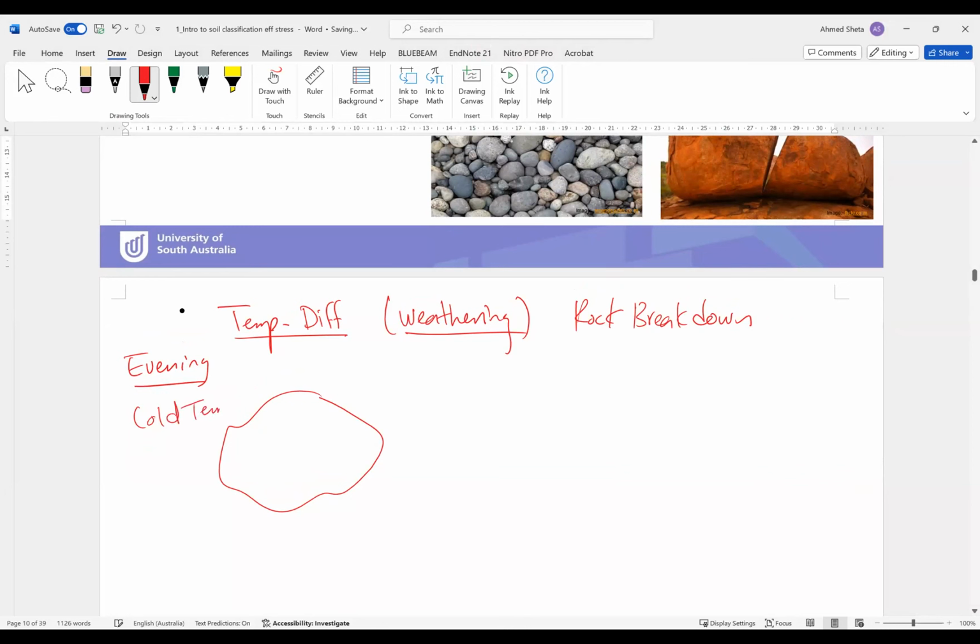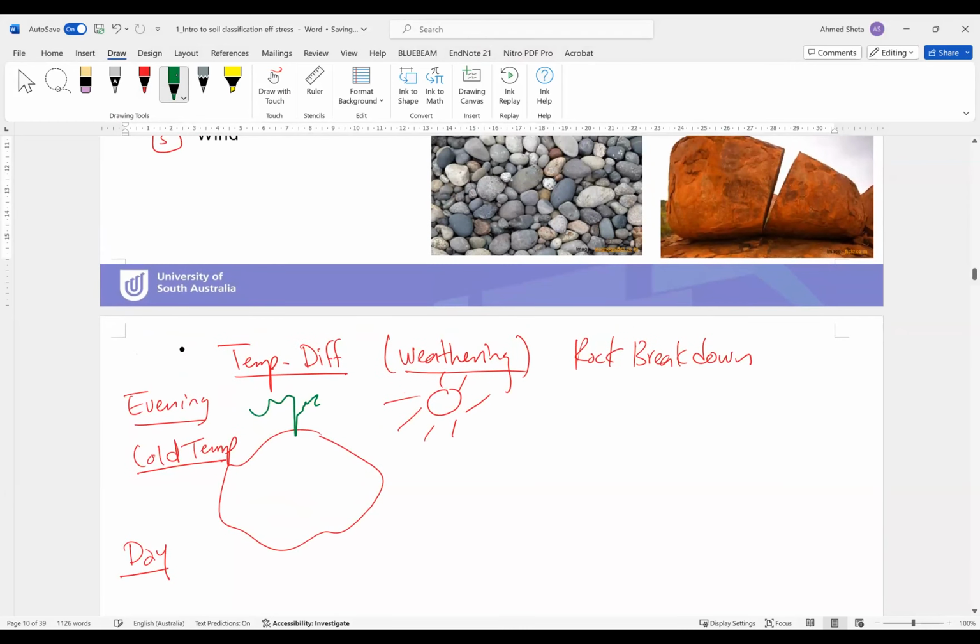Under cold temperature, this is during the evening. And during the day, there is sun and high temperature. So the outer surface of the rock will be under high temperature due to sun or due to morning time or daytime.